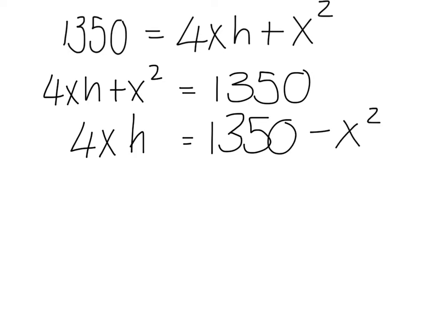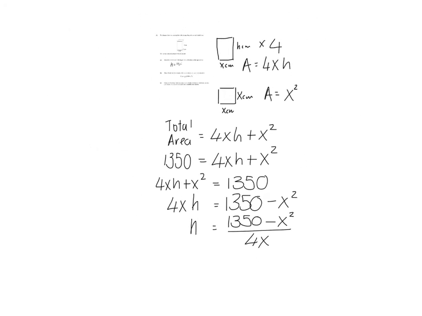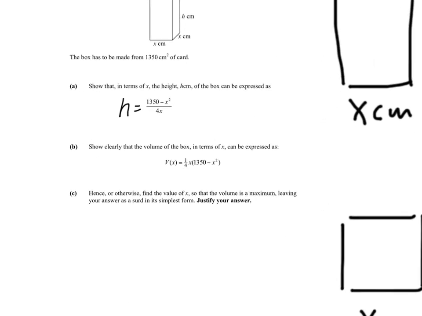We want to find h on its own, so h would be 1,350 take away x squared, and when 4x comes to the other side, it changes from times on this side to divide on the other side. So it gives us (1,350 minus x squared) over 4x. And if we look back, that's just what we're trying to show. So that means we have shown the first part.